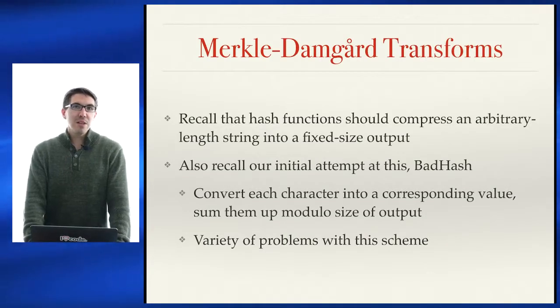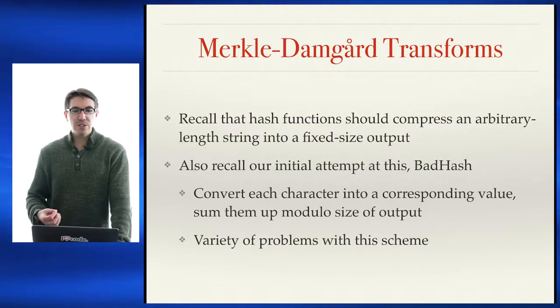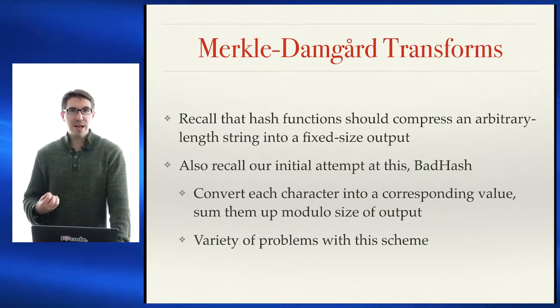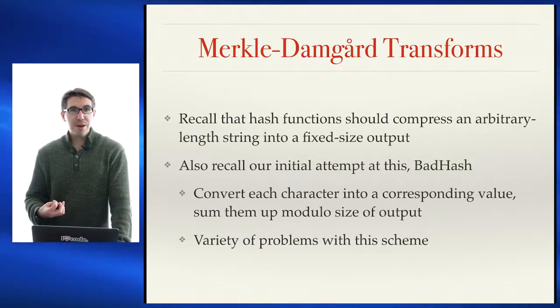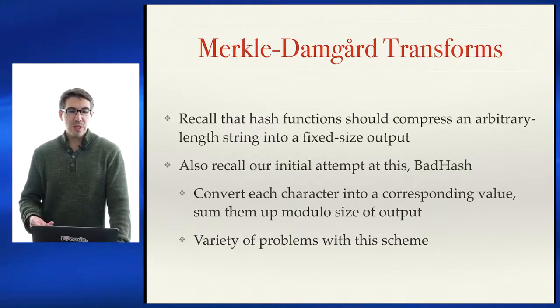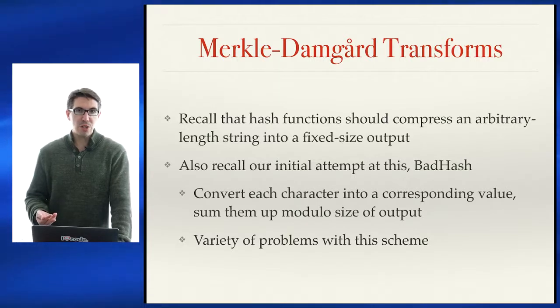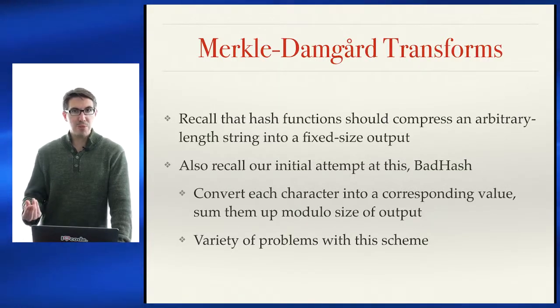So let's dive a little bit into how hashes actually work. Remember that hash functions compress some arbitrary length string into a fixed size output. And remember, we had some initial attempt at this called bad hash. What we did then was convert each character into a corresponding value and sum them up modulo the size of the expected output.